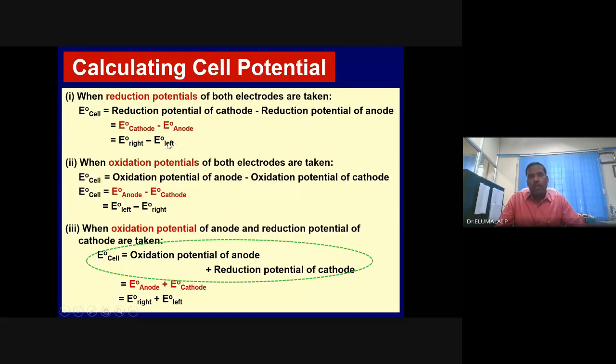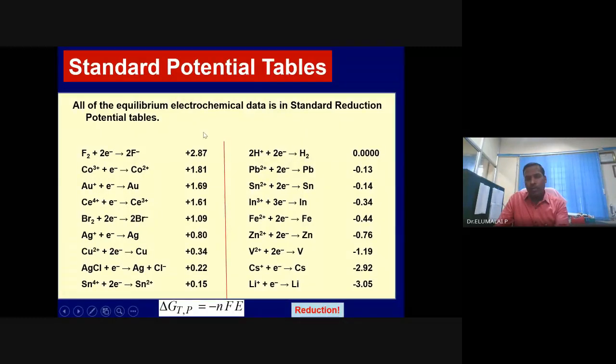Or the potential of the left electrode should be subtracted from that of the right electrode. The second mode: when you are considering the oxidation potentials of both electrodes, you take the opposite sign of these reduction potentials.